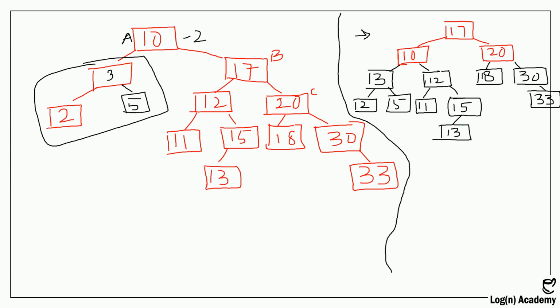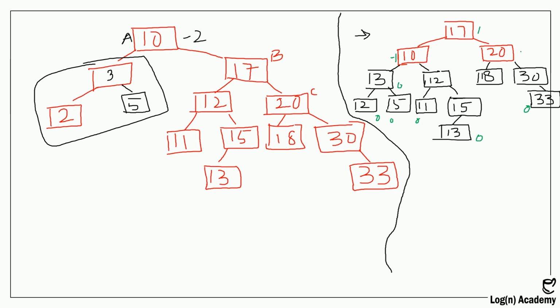Now if we calculate the balance factors, the balance factor of 3 is 0, 33 is 0, 11 is 0, 5 is 0, and 2 is 0. So these all are leaf nodes. The balance factor of 10 is 1, 2, 1, 2, 3, so it's minus 1. The balance factor of 17 is 1, 2, 3, 4, and 1, 2, 3. 4 minus 3 is 1.